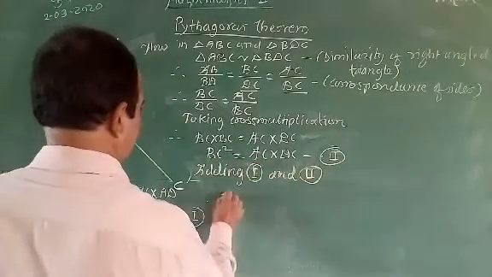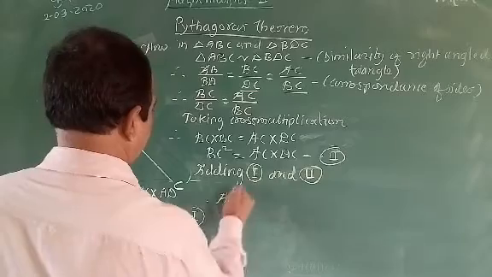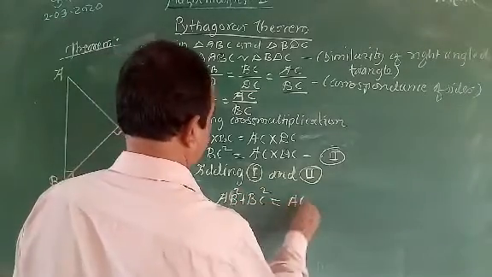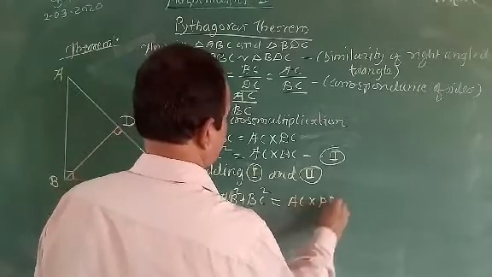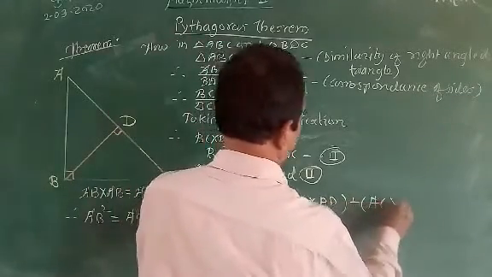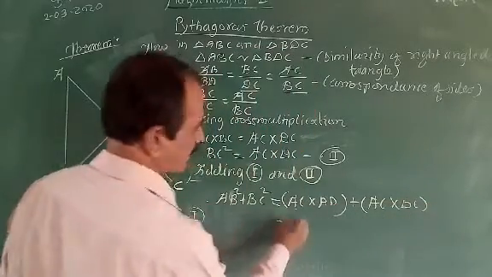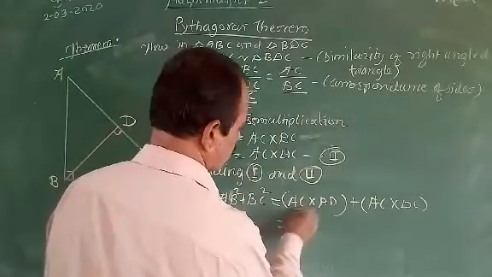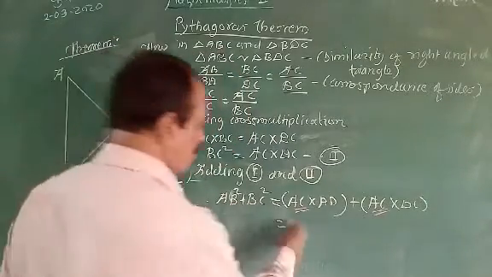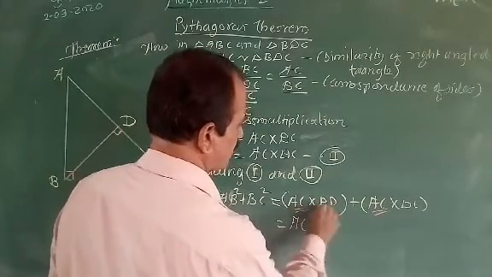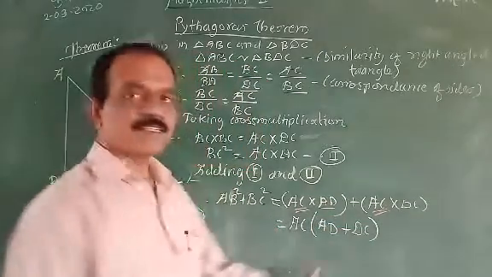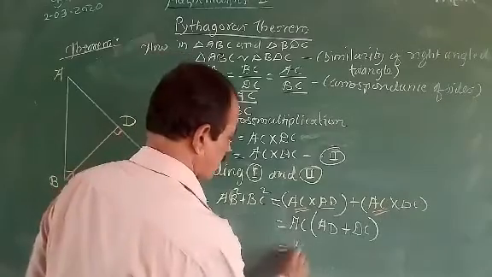So AB square plus BC square is equal to AC into AD plus AC into DC. Here AC is common in both, so we take AC common in brackets, and the remaining is AD plus DC. What do you get?